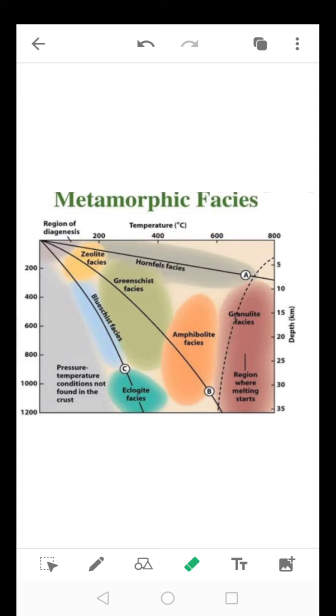So it's a Greek term meaning change in form, but in a solid state. Should it be in a melt, we would be talking about igneous rocks. So without any further waste of time, I would like to take you through metamorphic facies.